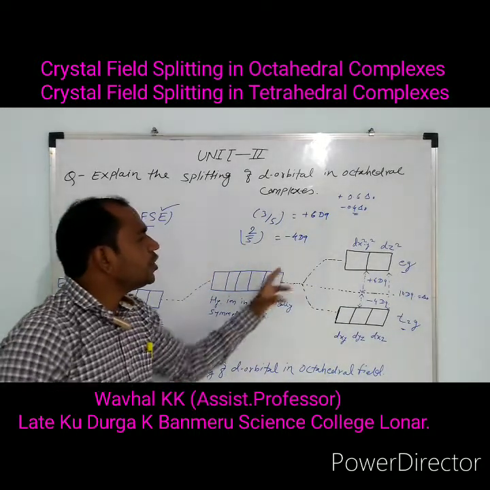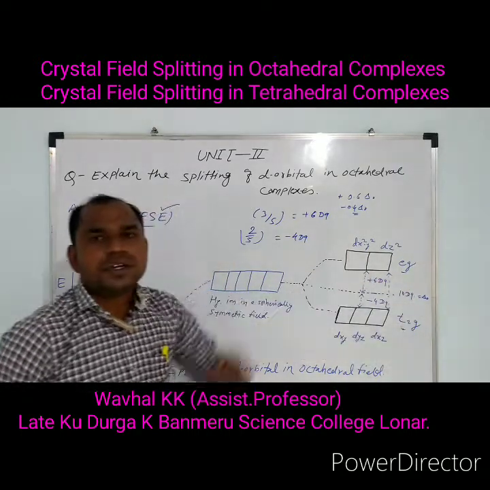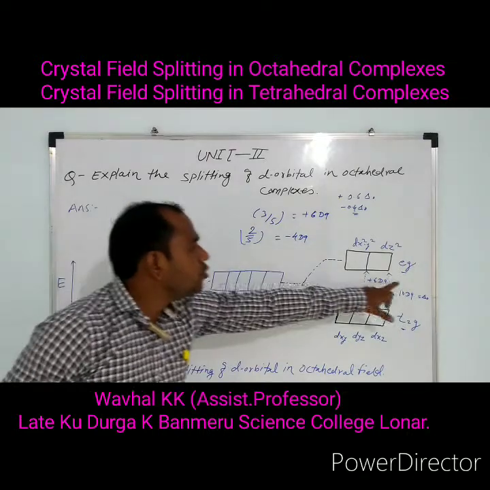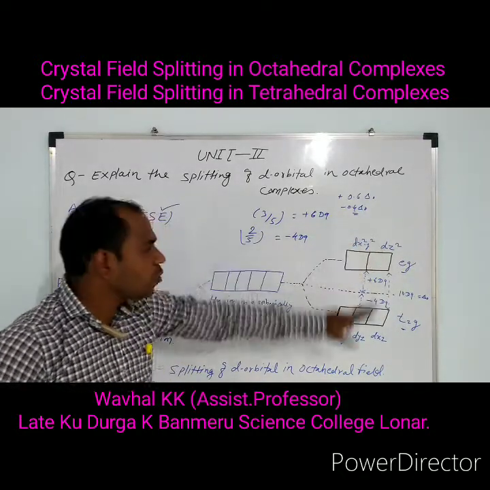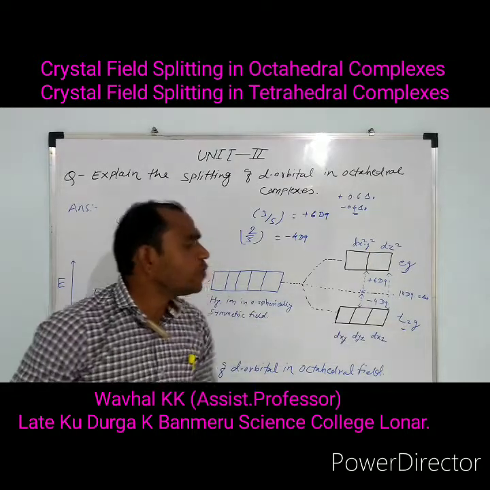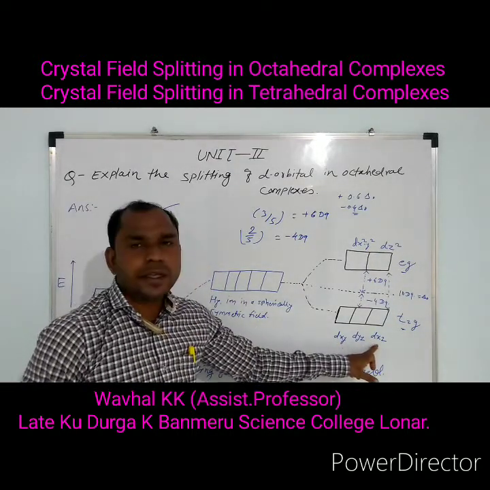In this way, the orbital is split into two sets, the Eg orbital, consisting of dx2-y2 and dz2, and the T2g orbital, consisting of three sub-orbitals, dxy, dyz and dxz.